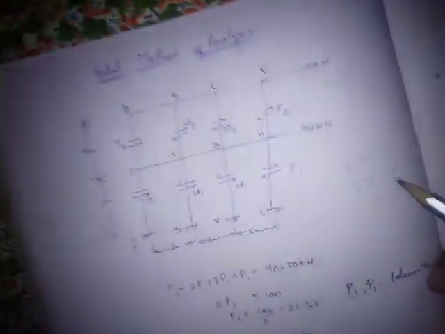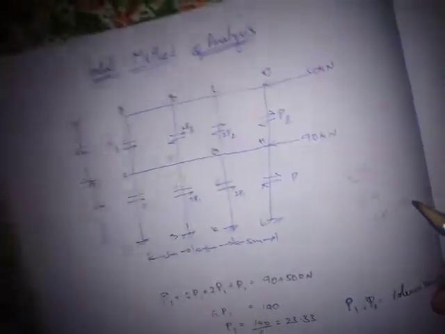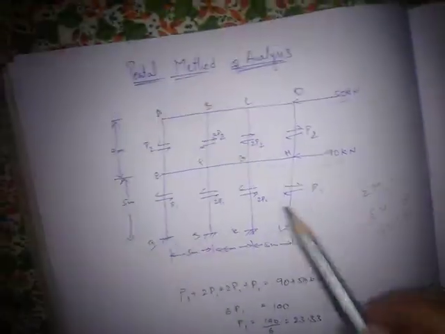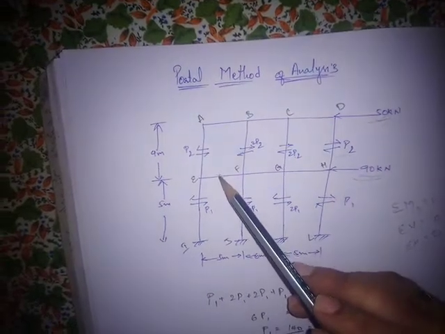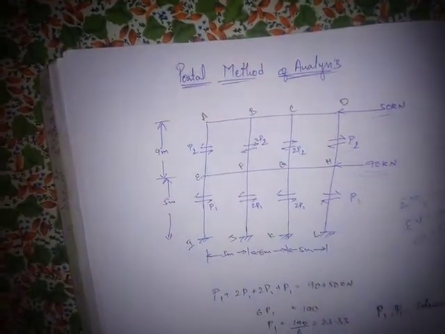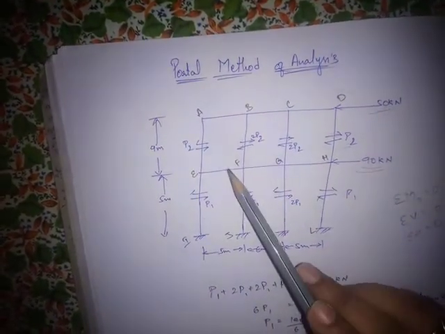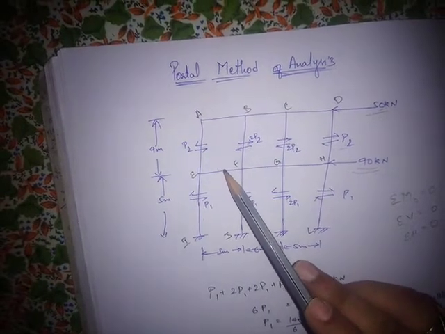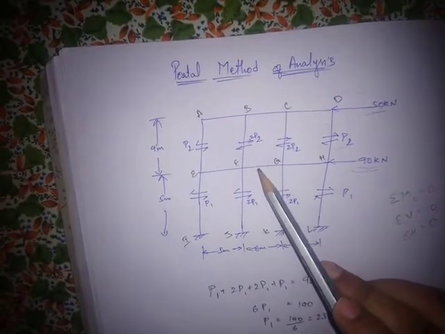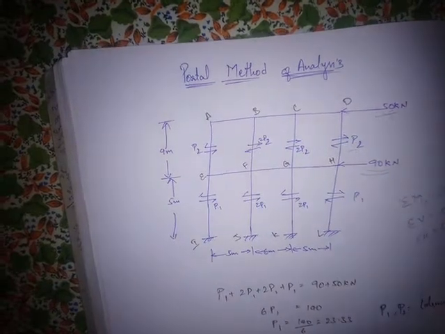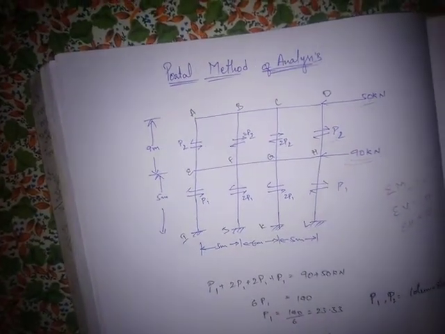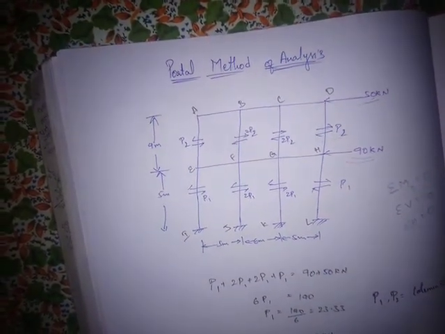By considering these three equilibrium conditions, we solve for the moments in columns. Then, from these moments, we calculate the shear in beams, or the load acting vertically on beams.